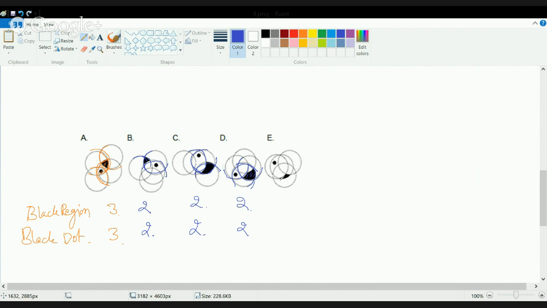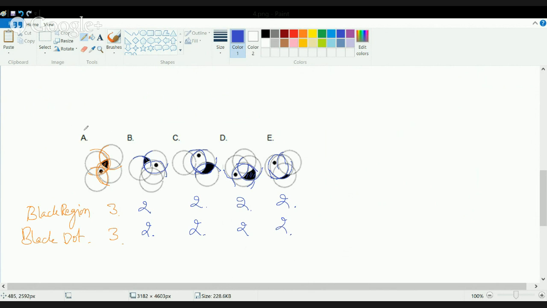Now again you have this and this. So the intersection of these two is 2, and again this circle and this circle. So it's 2.